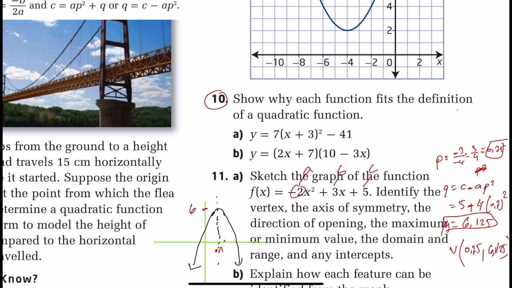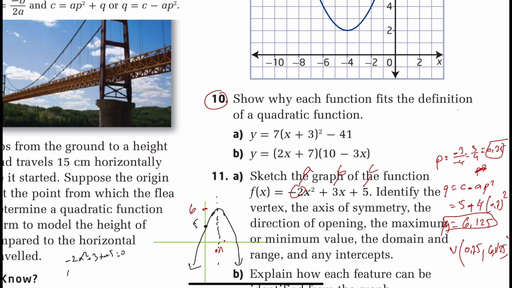So I can give x equal to 0. The y-intercept will be 5. How do I find this? I just put x equal to 0. So this is 0, this is 0. That means my y will be 5. So the y-intercept is 5. For the x-intercept, you solve this equal to 0. So you put minus 2x squared plus 3x plus 5 equal to 0.